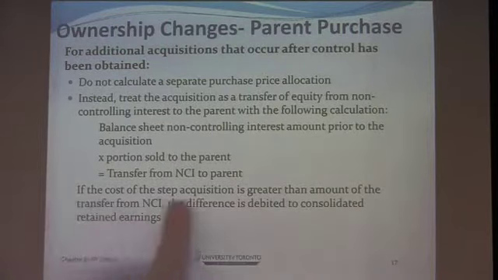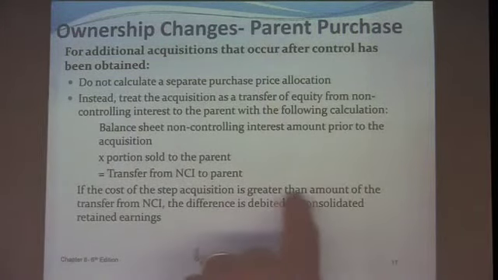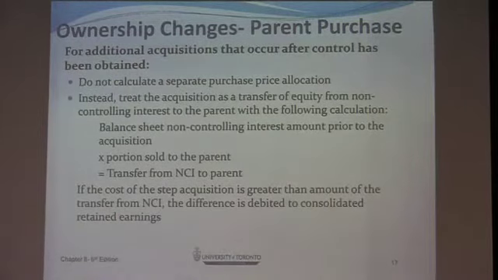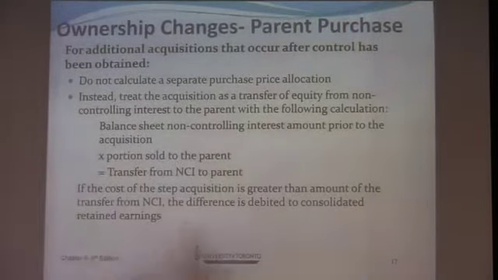So if the cost of the step acquisition is greater than the amount of the transfer from the NCI, then the difference is going to be a gain or loss that's reflected in the consolidated retained earnings. We're going to actually do that quick calculation for this question.